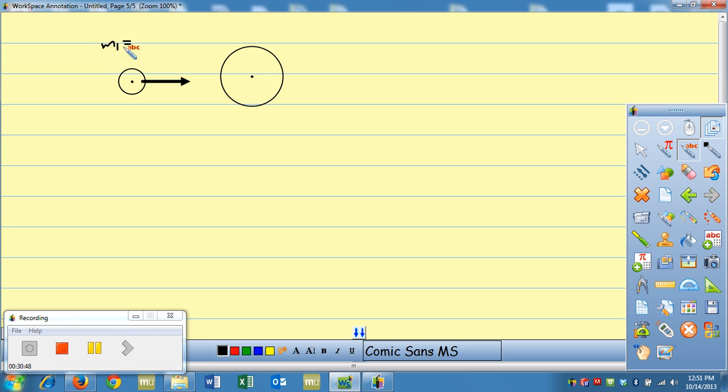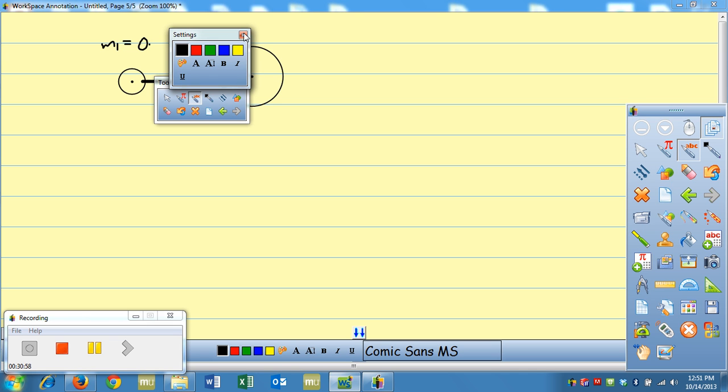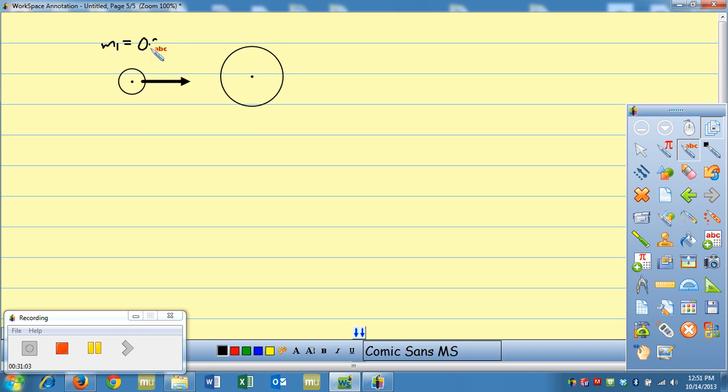M1 is equal to, let's go back to the beginning here on the previous page. We're told M1 is 0.25 kilograms.